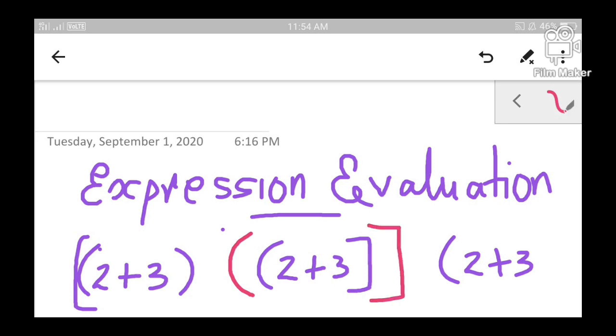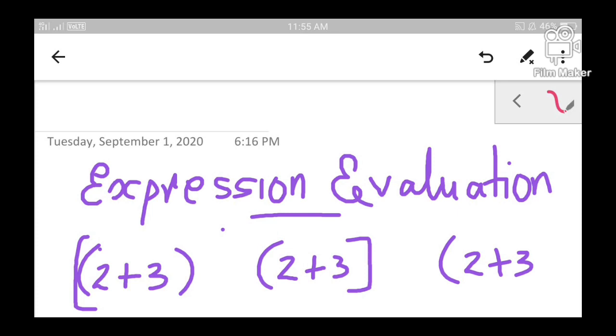We know that if we are using a left parenthesis, then its closing must be a right parenthesis. Whereas if I am using a left square bracket, then the closing must be done using a right square bracket. That means matching brackets are needed in an expression to term it as valid.